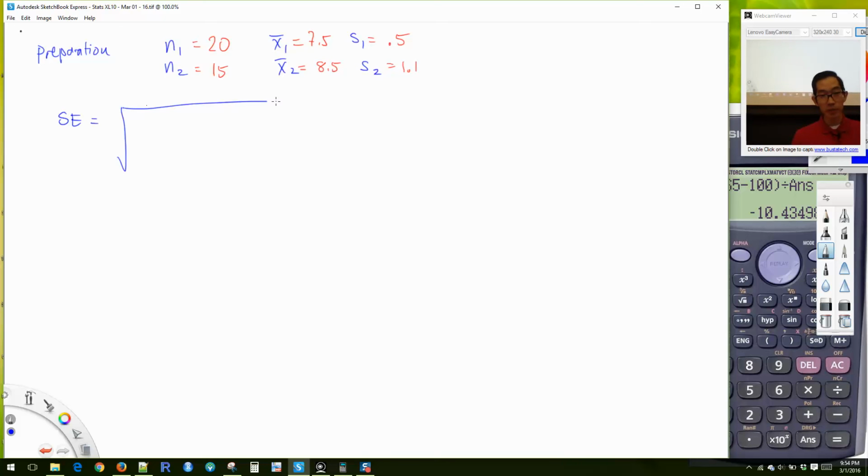So standard error, S1 squared over N1 plus S2 squared over N2.